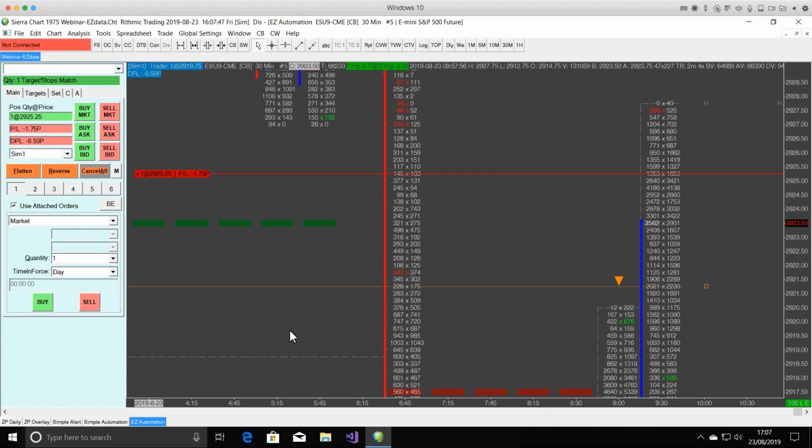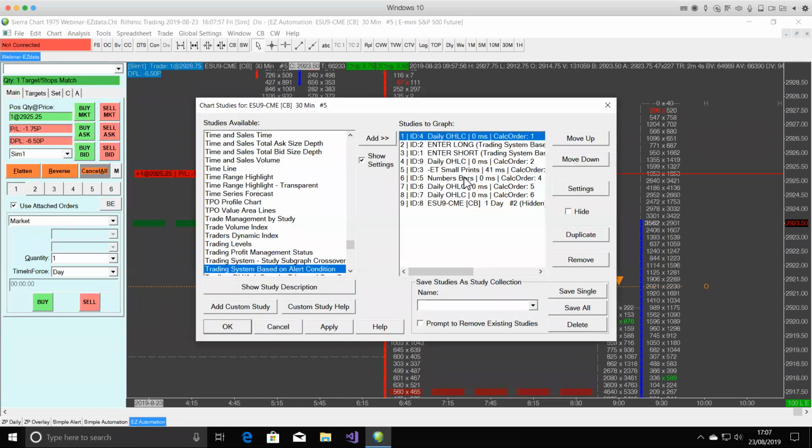But for some contextual things like bouncing off levels for a few ticks or scaling in, these simple techniques built into Fiera Chart, combined with the dynamic support resistance mode and populating these subgraphs, combined with a trading system based on alert condition, or if you want to get a bit more sophisticated, using the Fiera Chart spreadsheet system for trading, can get you in some quite powerful setups.